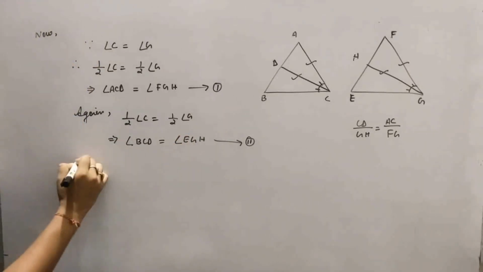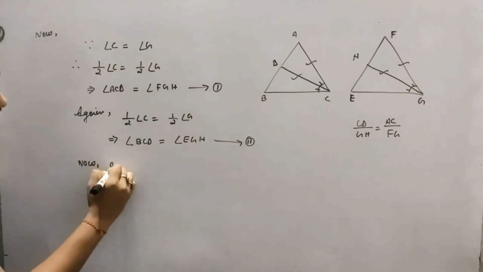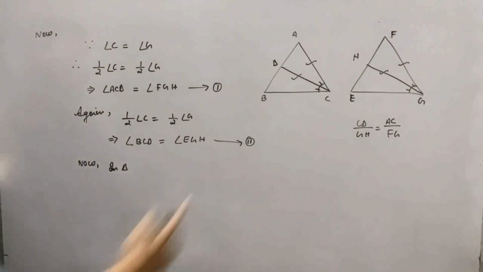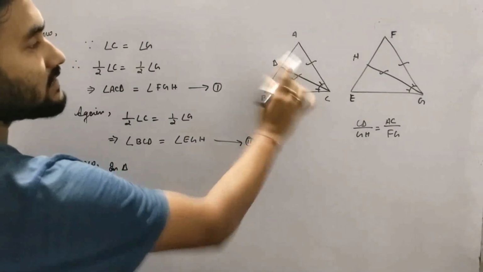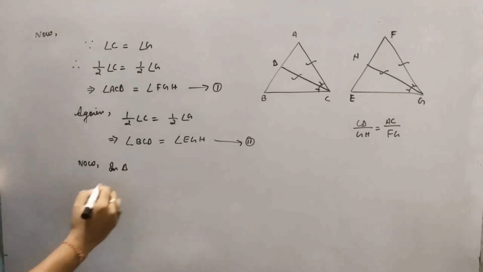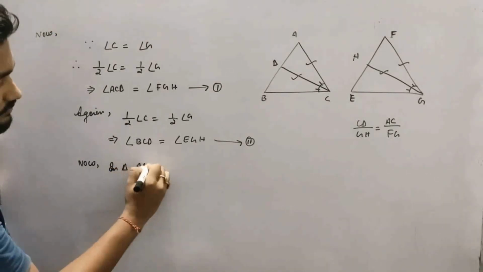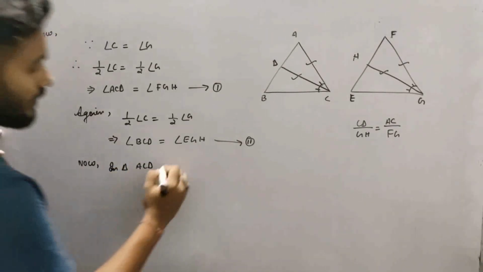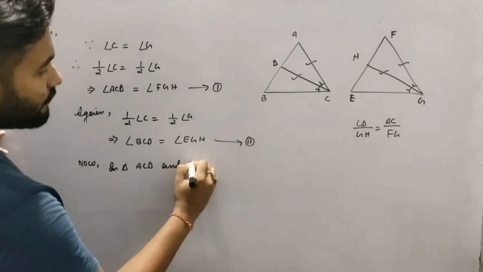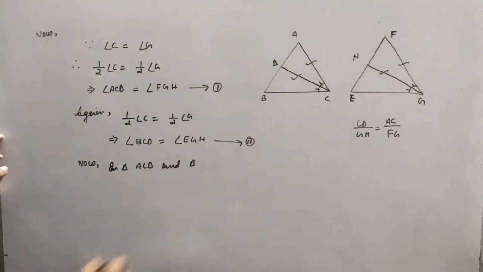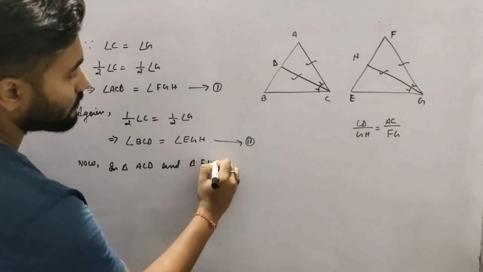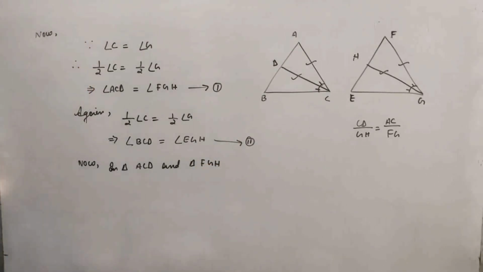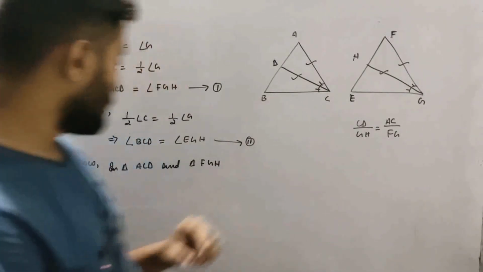Okay. So now in this upper triangle, since CD is in the numerator, you take this triangle first. Okay. In triangle ACD and triangle FGH, what are the equal parts?